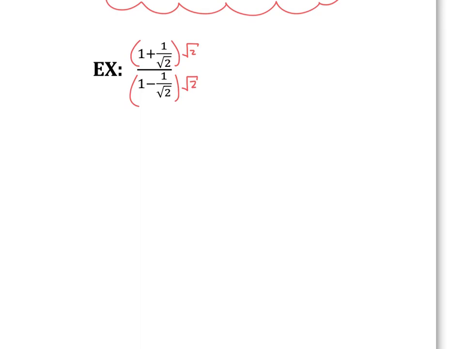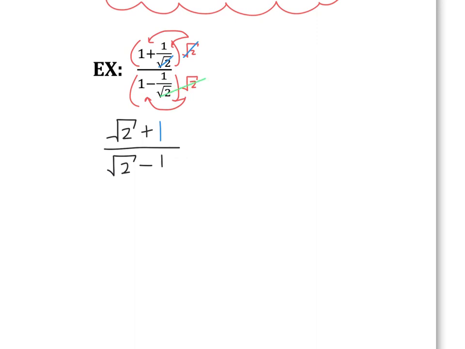Okay, so we're going to distribute that to each of those terms. All right, and same thing here. We're going to distribute. So 1 times root 2, we end up with the square root of 2 plus 1 over root 2 times root 2. Those guys cancel. So this gets canceled, and we're just left with 1. All over 1 times root 2, we get the square root of 2 again, minus, now 1 over root 2 times root 2, those guys cancel.